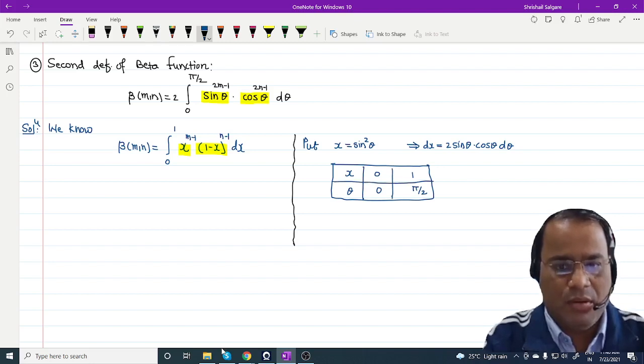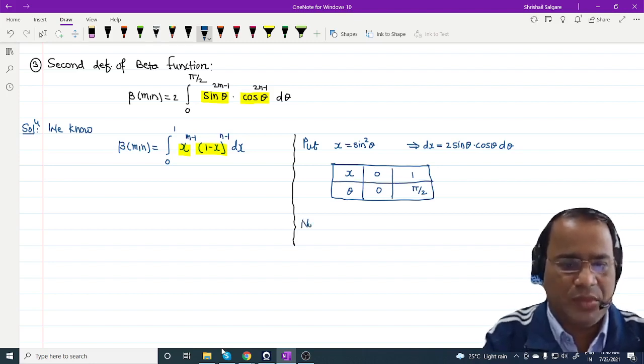Now the 1 minus x factor can be written as 1 minus sine square theta, and 1 minus sine square is cos square theta.